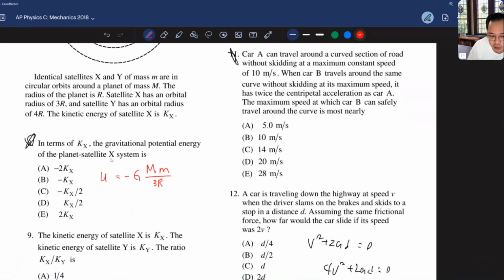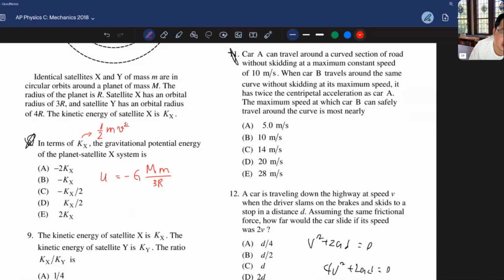So this is the formula for the gravitational potential energy of the satellite. And we need to represent Kx in terms of the same things, mass m and 3r, so that we can find the relationship between the potential energy and the kinetic energy, which is 1/2 mv squared.